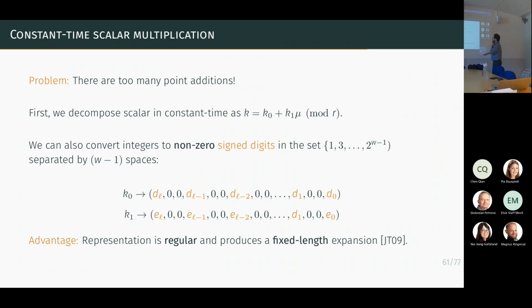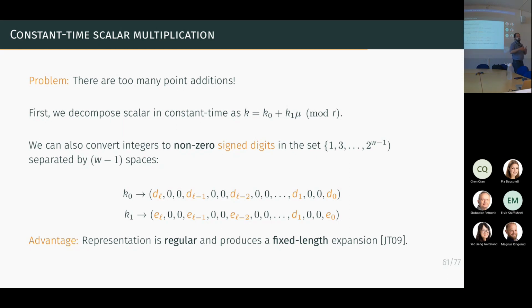We recode them using a fixed length expansion, which always gives the same expansion length, by Joye and Tunstall, where the non-zero positions are known in advance. This expansion always gives you non-zero positions that are w spaces apart, w zeros apart.